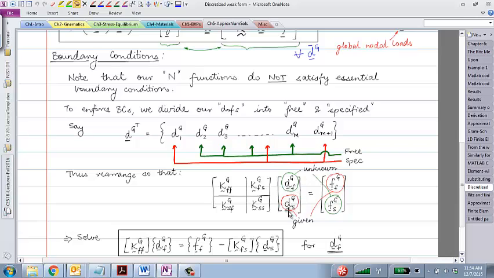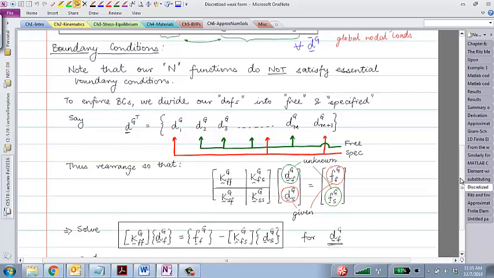The specified degrees of freedom are the displacements that are given to me. They may be 0, they may be non-zero. And in addition, I know the loads applied at the free degrees of freedom, and I don't know the reactions at the specified degrees of freedom. So the unknowns that I'm trying to solve for are the displacements at the free degrees of freedom and the reactions at the specified degrees of freedom.